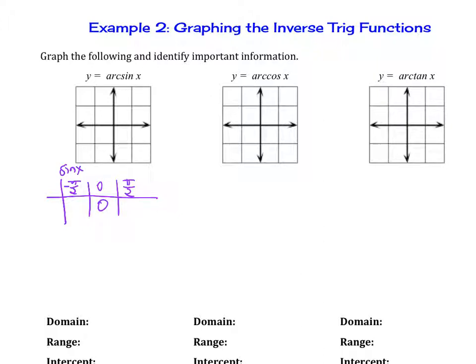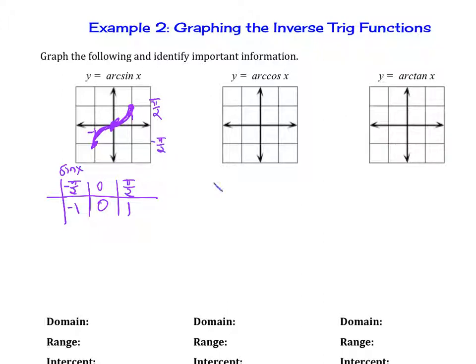At negative pi over 2, that is -1, and at pi over 2, that is a positive 1. So if we graph that here, 0 and then -1 and positive 1, it makes this kind of a curve. So that's the arc sine. And this is pi over 2, and this is negative pi over 2 for our y values.